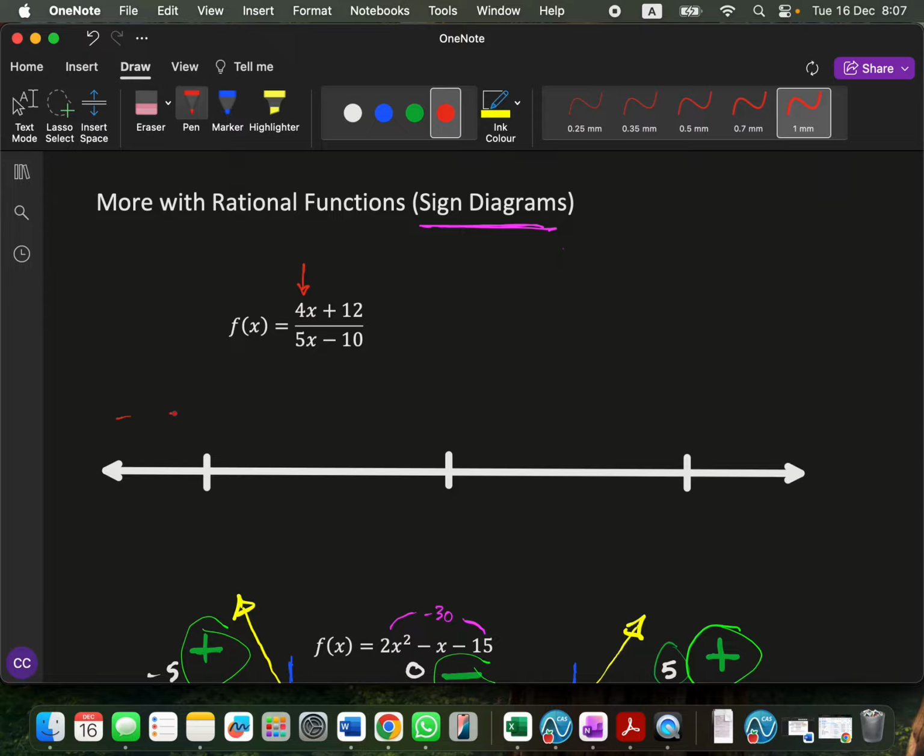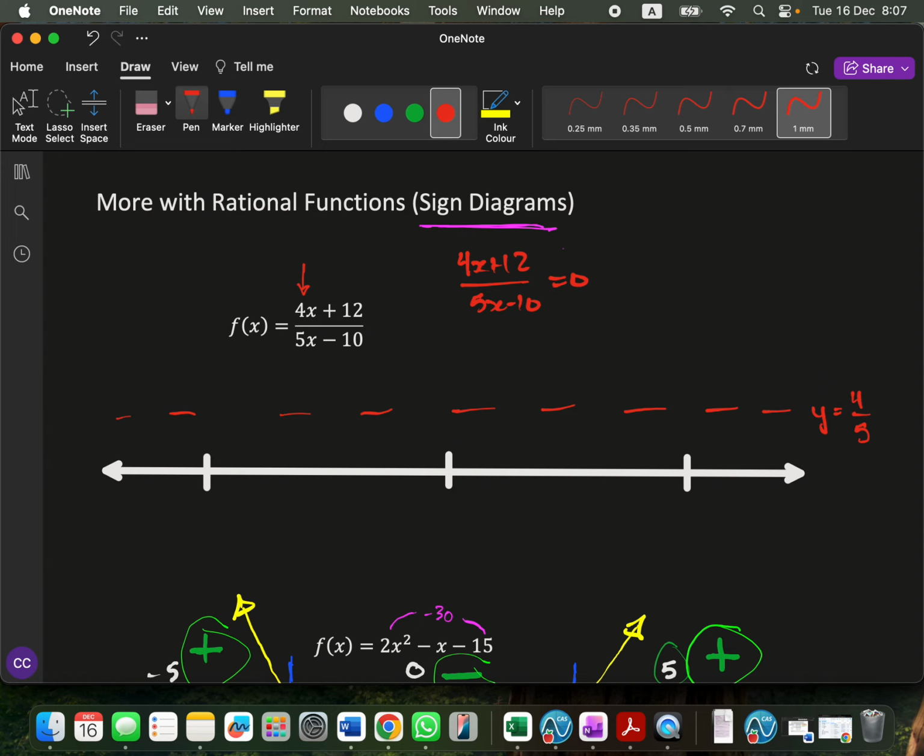And I'm not using a straight edge, and it's killing me just a little bit to show you me not using a straight edge. But that's my horizontal asymptote at 4/5. So what I need to know is, where does this cross the x-axis? Well, to find where it crosses the x-axis, I'm just going to set (4x plus 12) over (5x minus 10) equal to 0.